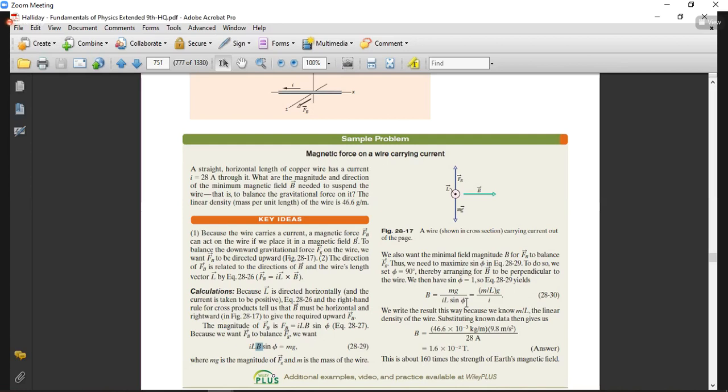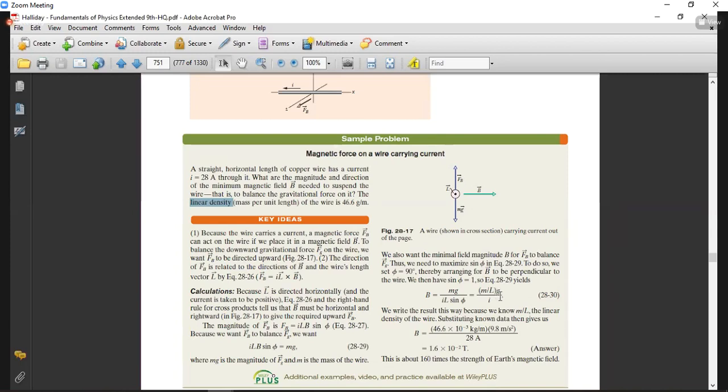Linear mass density is basically equal to mass per unit length, so the quantity L will move like this, and we take it as m by L. The value of mass per unit length is 46.6 gram per meter, but we will convert it into SI units, and it would be 46.6 times 10 power minus 3 kg per meter.